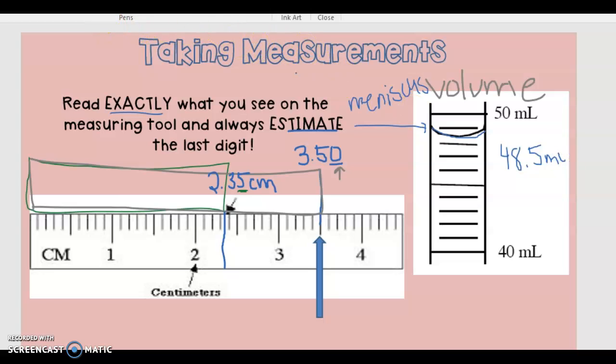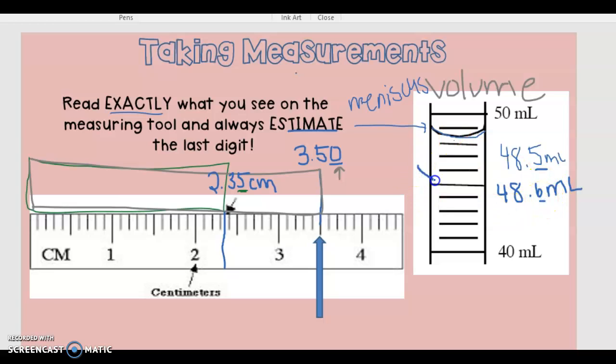Now, the last digit is truly an estimation. So if you looked at this and you said, no, I think it's 48.6 milliliters, you are not incorrect, because the last digit, especially if something falls in between 2 tick marks, is always an estimation.